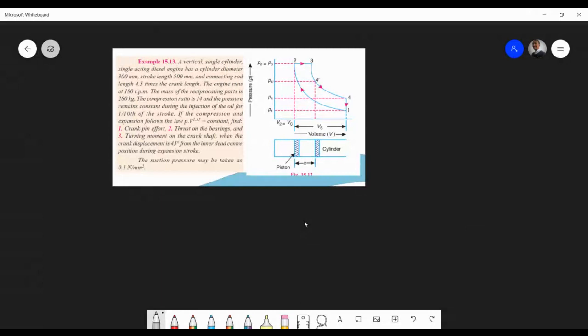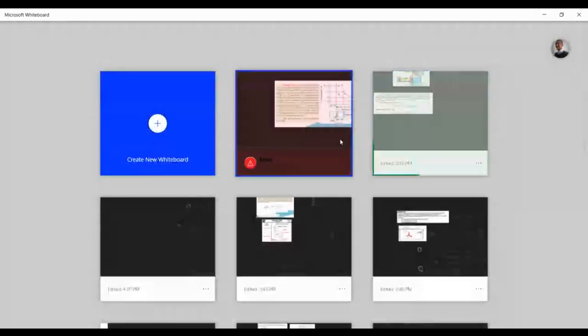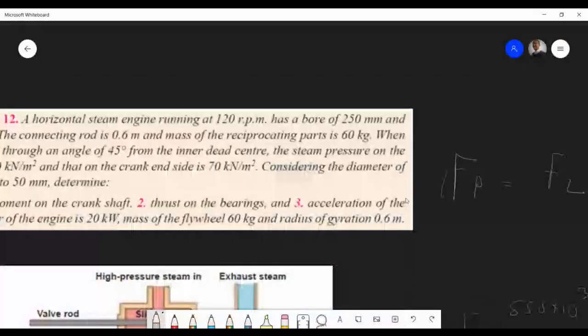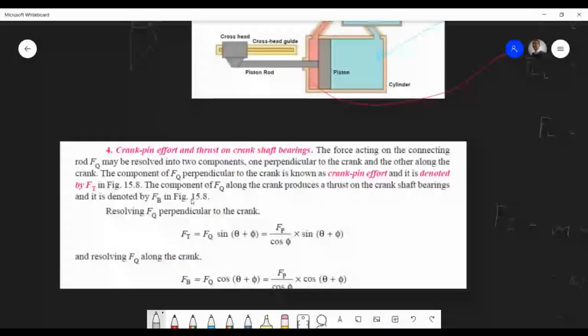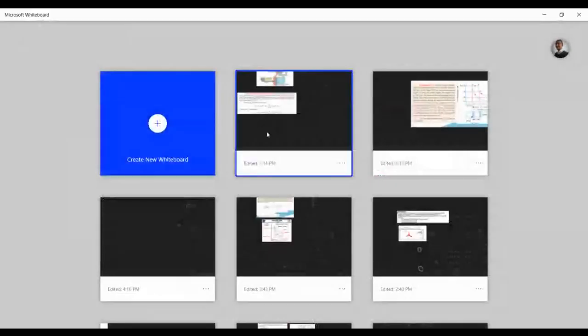The crank pin effort would be one of those. We must be aware of that as well, so it does come up again. Crank pin effort is basically that one there, and your thrust on your bearings there.